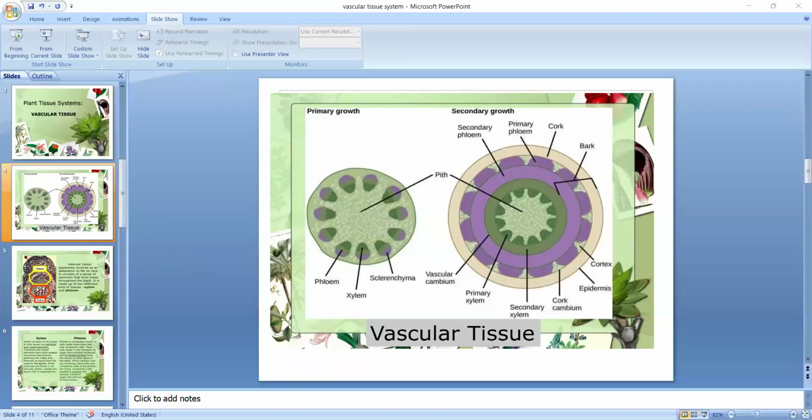So in the concentric type it may be amphivasal or amphicribal, these two, G and I. The xylem is in the center surrounded by the phloem, and the phloem is in the center surrounded by the xylem. Those are the concentric vascular bundles.